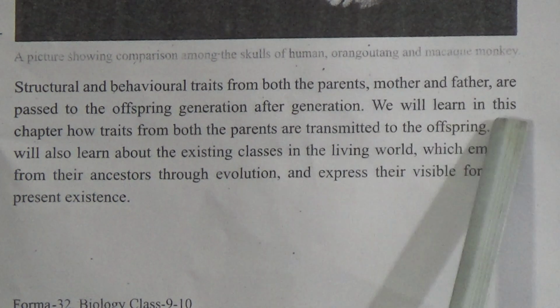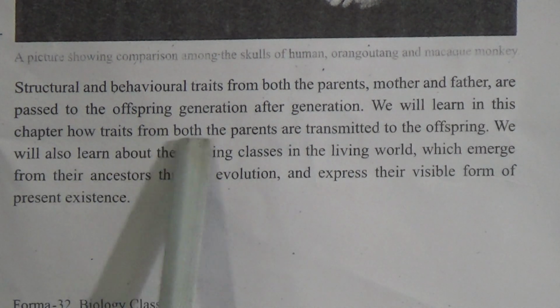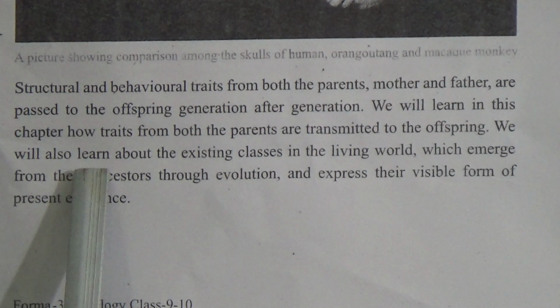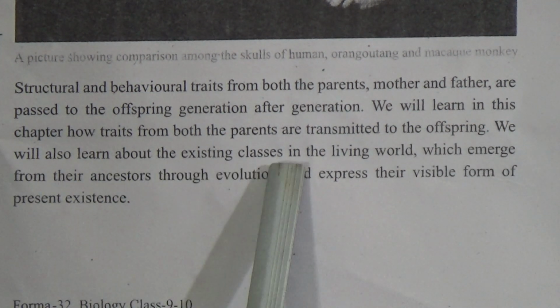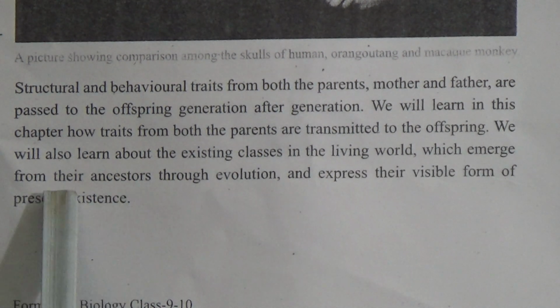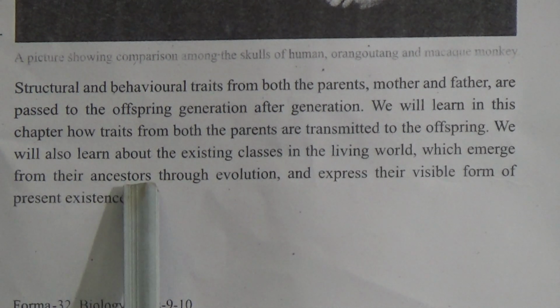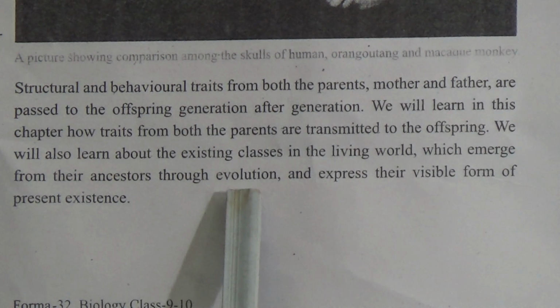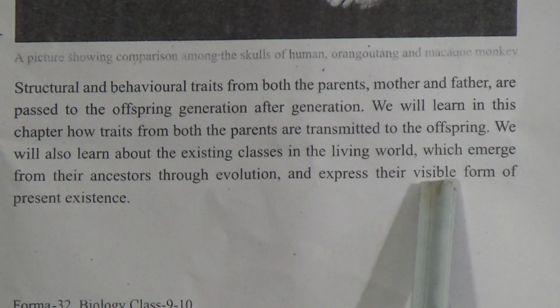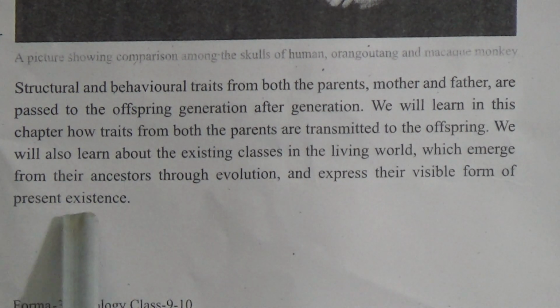We will learn in this chapter how traits from both the parents are transmitted to the offspring. We will also learn about the existing classes in the living world which emerge from their ancestors through evolution and express their visible form of present existence.